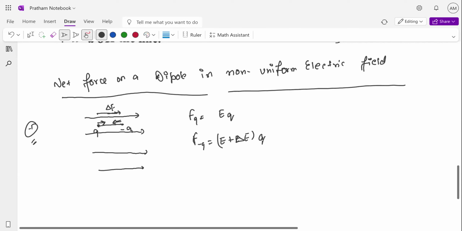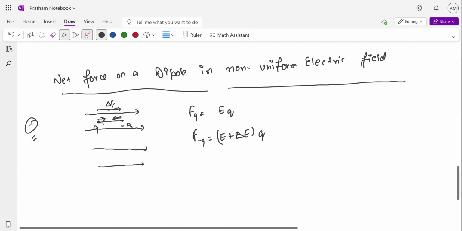I'm saying that at this point, I had electric field E, and I told you that it is varying. So when you move to this point, the electric field will not be E, it will be E plus delta E. It may be positive, it may be negative, right? So can I write this, whatever I have written on this? Also, if I calculate F net, what will it be?